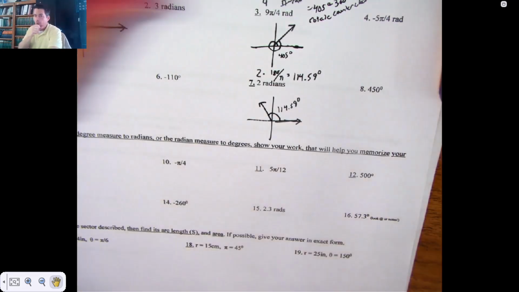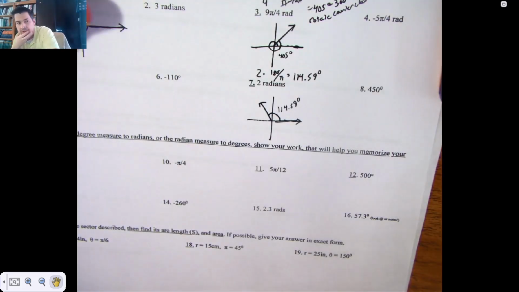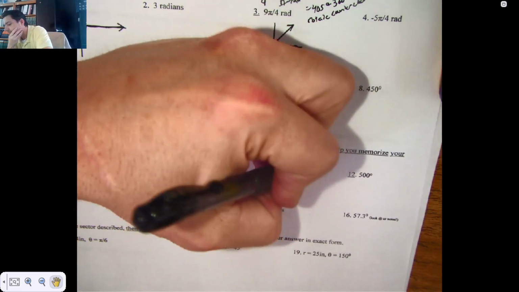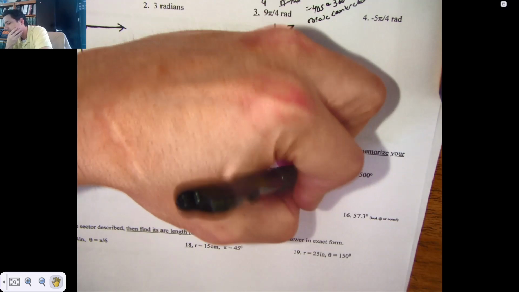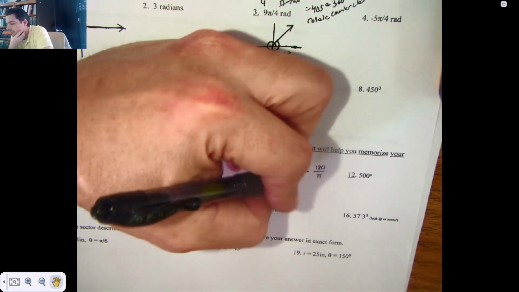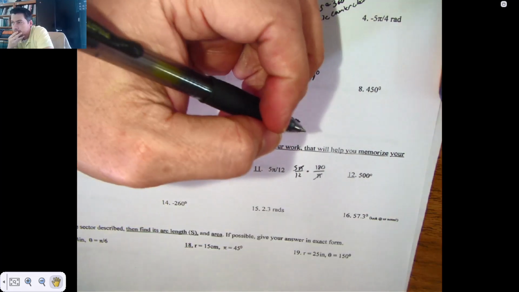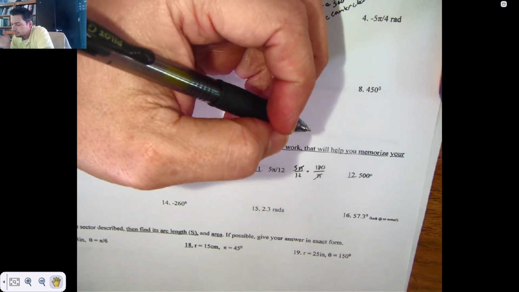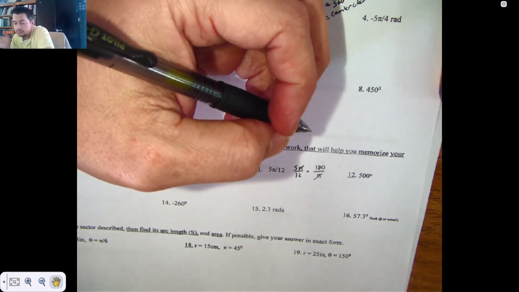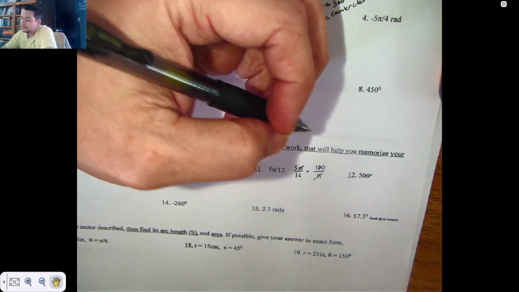Next up is converting degrees to radians or radians to degrees, vice versa. 5 pi over 12. You want the pi symbols to cancel out, so the pi is in the denominator. That's your setup. You can do it by hand if you want. Pi's cancel. 5 times 180 is 900. 900 over 12.